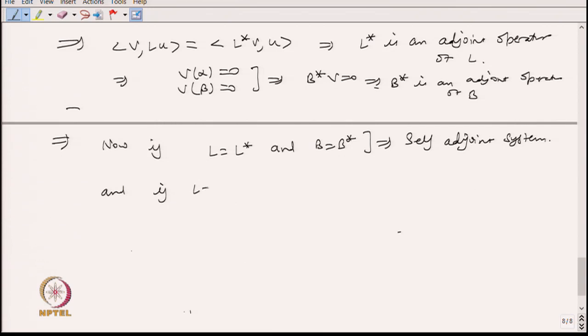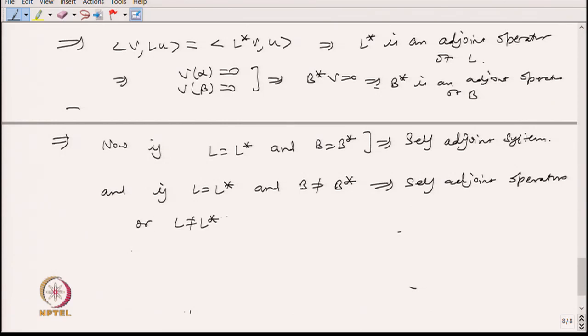And if L is equal to L star and B is not equal to B star, then we call it a self adjoint operator. Or if I have L not equal to L star and B is equal to B star, in this case we call it a self adjoint boundary operator.